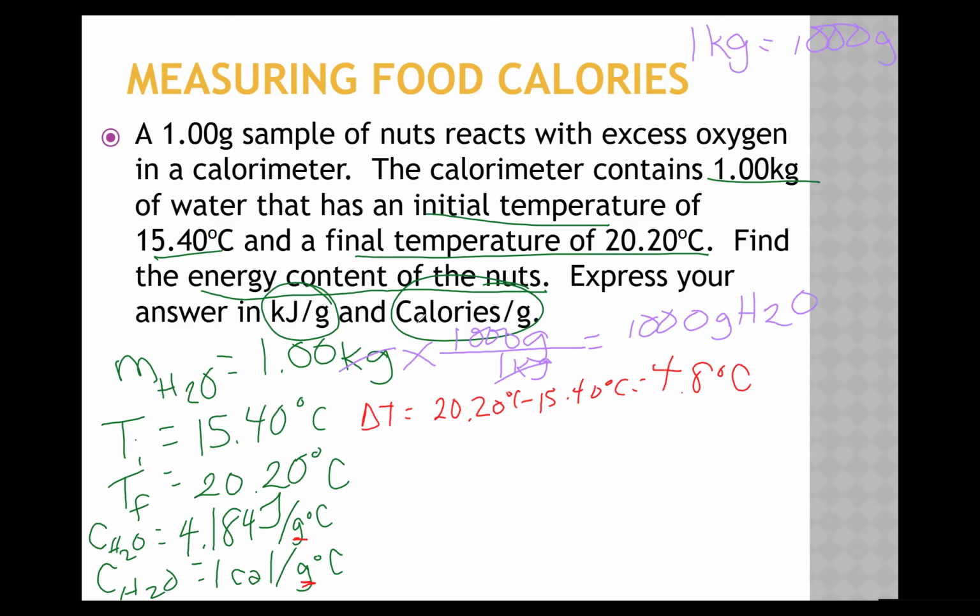Remember, I have 2 different math problems. If I'm first doing my heat of water in joules, I have my mass of 1,000 grams of H2O times my specific heat, which is 4.184 joules per gram degree Celsius, times 4.8 degrees Celsius.